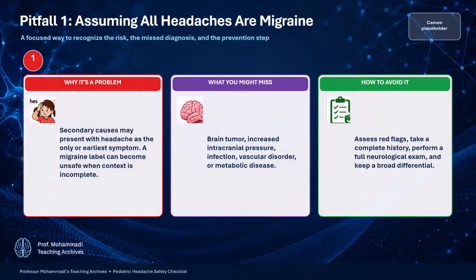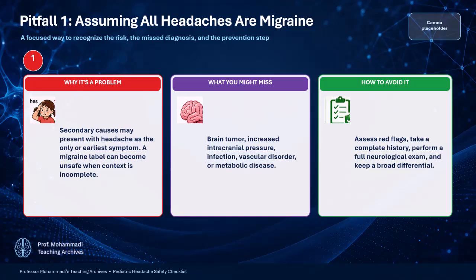One common pitfall is assuming that every recurrent or severe headache in a child is migraine. Migraine is certainly common in childhood, but it should not become an automatic label. Secondary causes may sometimes present with headache as the only symptom, or as an early symptom before other neurological signs become obvious. A migraine diagnosis is most secure when the history is typical, the neurological examination is normal, and the pattern is stable over time.